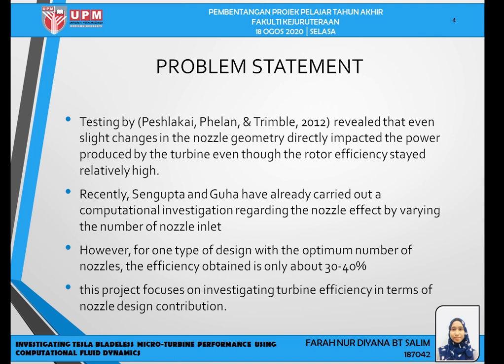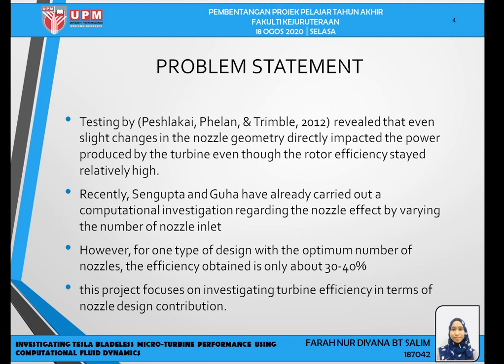Before that, testing by Pashlakai and his colleagues in 2012 revealed that even slight changes in the nozzle geometry can directly affect the power produced by the turbine, even though the rotor efficiency stayed relatively high.